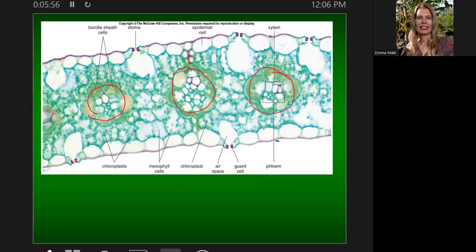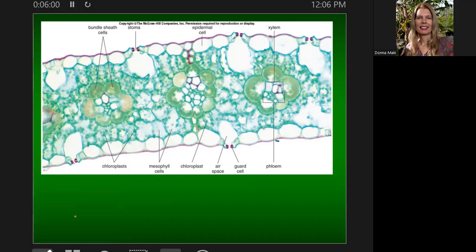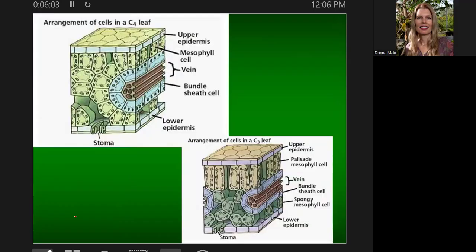They're very plump, enlarged, and they have a lot of chloroplasts. And then typically you see there's spongy mesophyll that kind of hug up to the bundle sheath with lots of plasmodesmata connections, those tunnels, so that you can get really good transport of the malate and the pyruvate back and forth. You have that cycle going on.